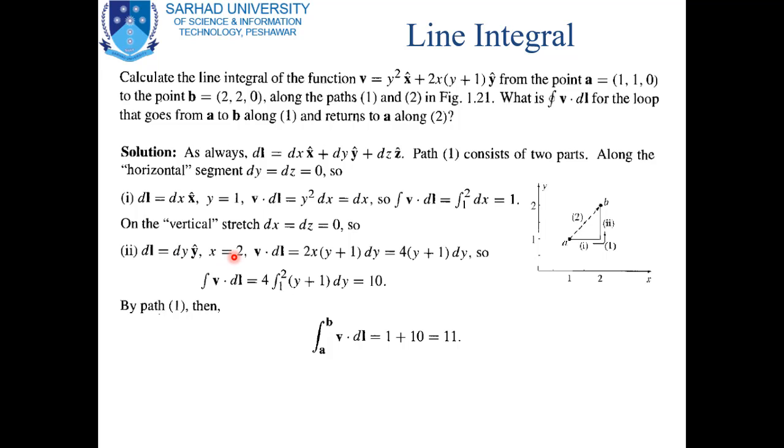For this vertical segment, x is equal to 2, which is fixed, and v dot dl will equal 4 into y plus 1 into dy, and we will integrate it again from 1 to 2, and our answer will be 10. So our distance is complete from A to B.